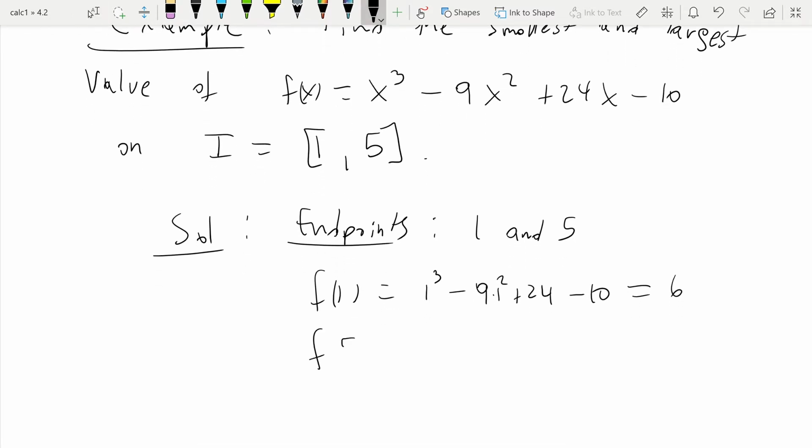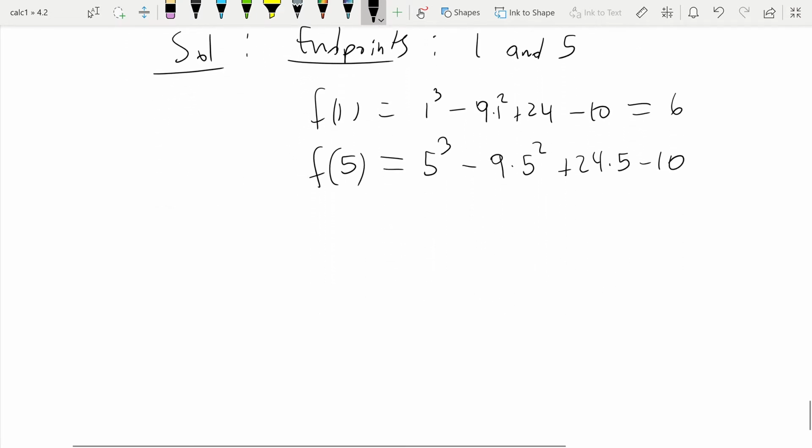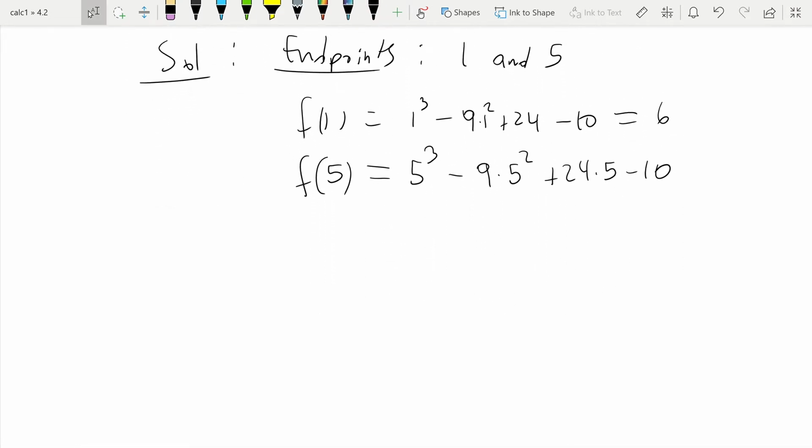What is f of 5? 5 cubed minus 9 times 5 squared plus 24 times 5 minus 10. 125 minus 9 times 25, 24 times 5 minus 10.